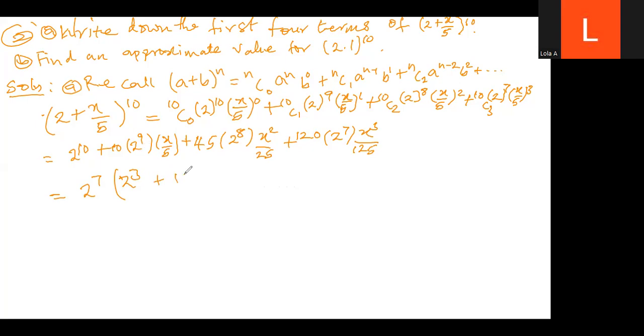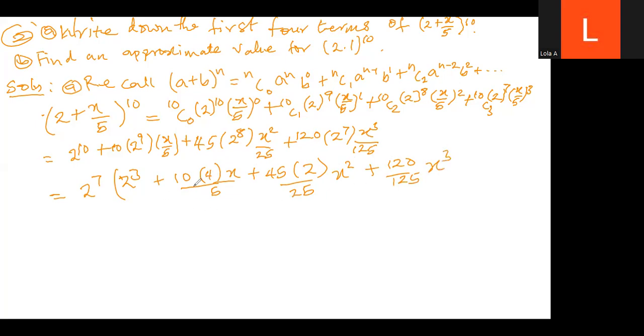So you have 10, 2 raised to power 2, which is going to be 4, then you have s over 5, plus 45 into 2 raised to power 8 will reduce to 2, because 2 raised to power 8 divided by 2 raised to power 7 will give you 2, over 25 s raised to power 2, plus, and of course, 2 raised to power 7 goes away here, so you have 120 over 125 s raised to power of 3.